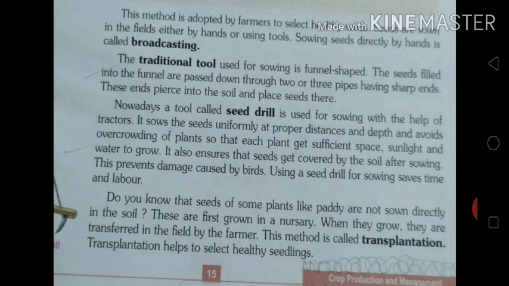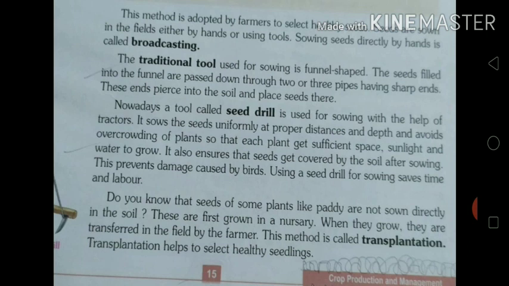After the seeds have grown into tiny plants called seedlings in the seed bed or nursery, only the healthy and well developed seedlings are picked out from the nursery bed and transferred or transplanted to the regular field. Thus, the process of transferring the seedlings from the nursery to the main field by hand is called transplantation or transplanting.